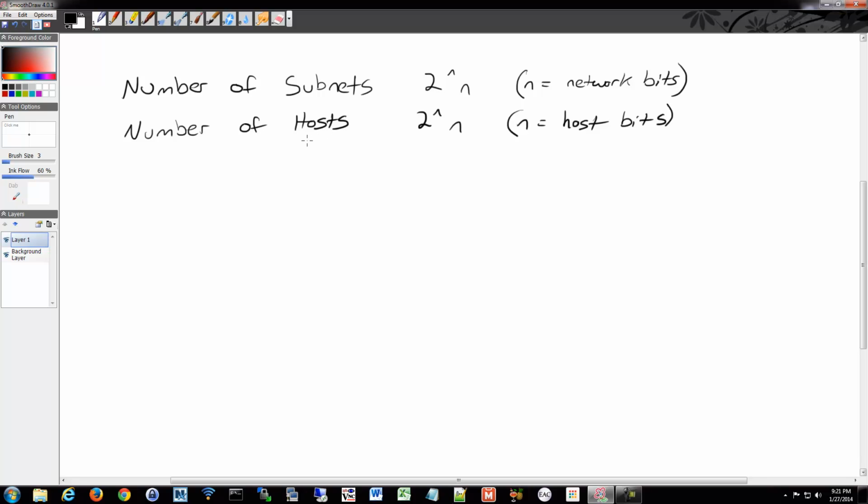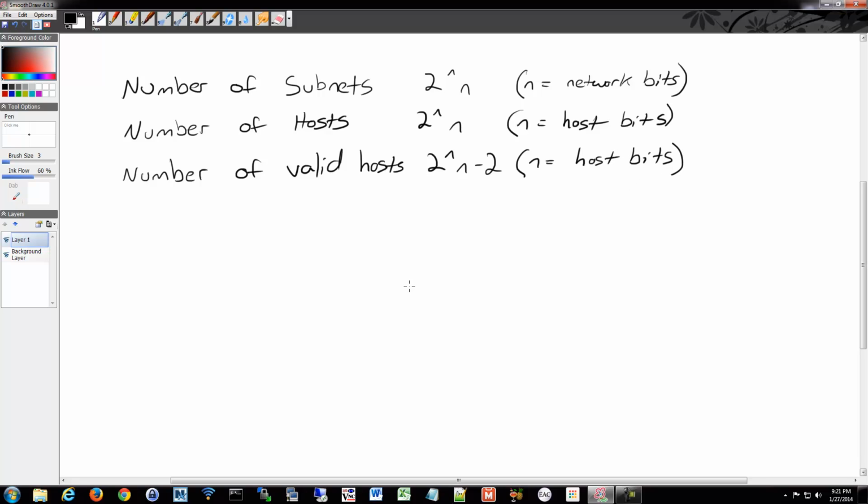Because remember, we had to go up 1 and down 1 because we can't use the network address or the broadcast address to actually assign to a host. So if you want to determine the number of valid hosts that you can actually configure, that would be 2 to the power of n minus 2, where n is your host bits. Because you have to subtract 2, 1 for that network address, 1 for that broadcast address.